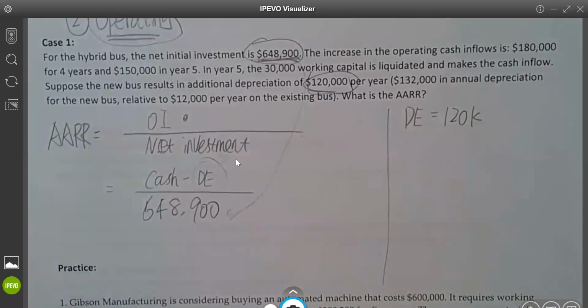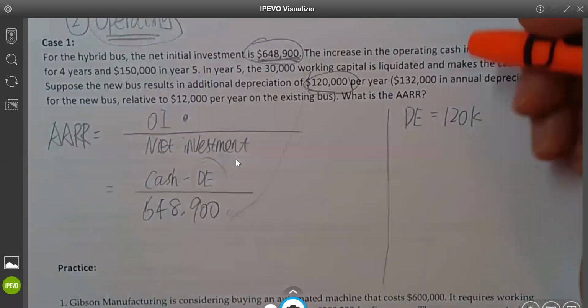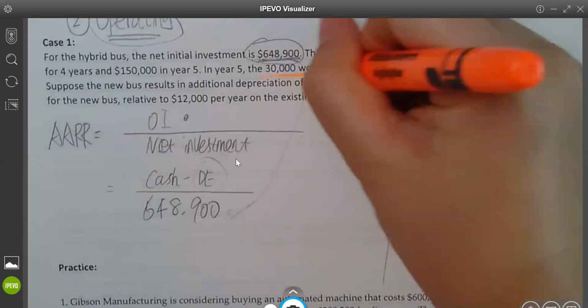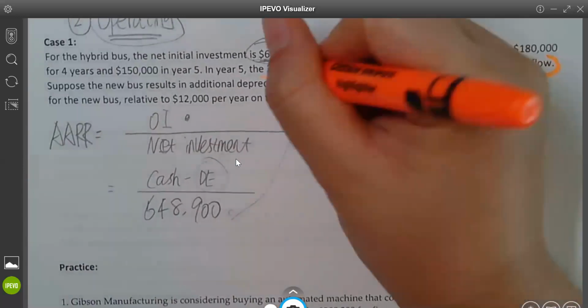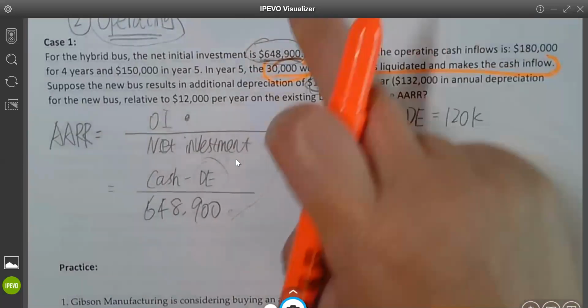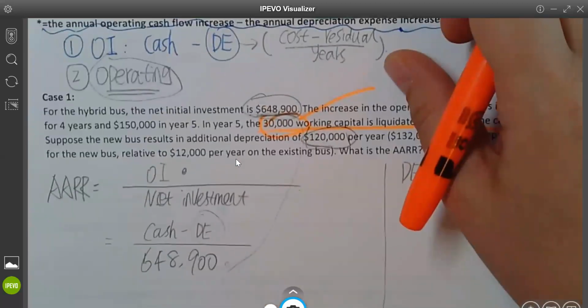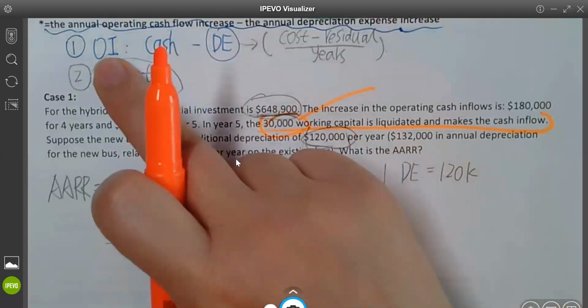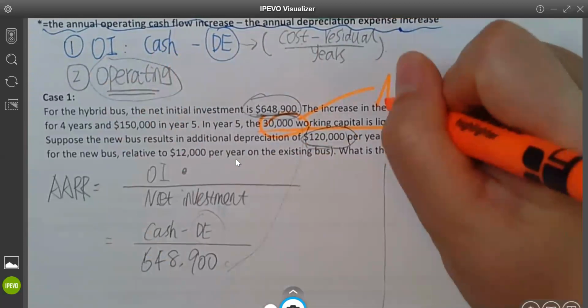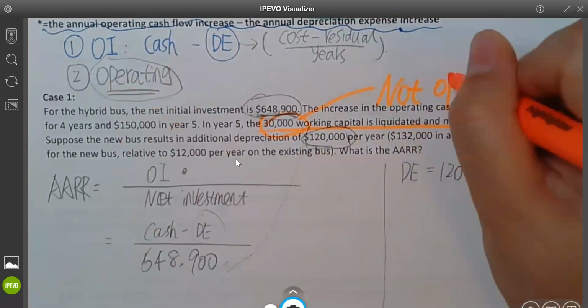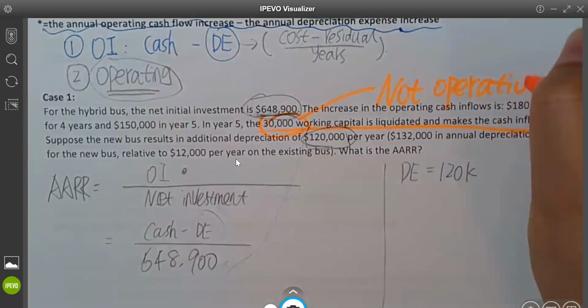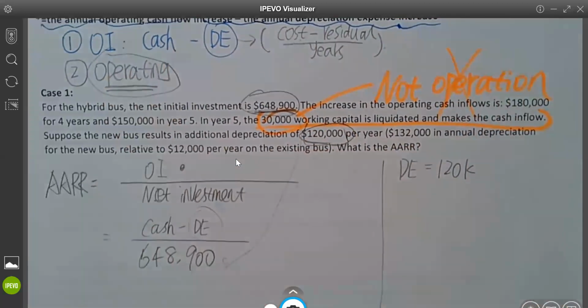And then in the 5th year, your 30,000 will be liquidated and become your cash inflow. Do we take this in our numerator as operating income from operation? We said this is not from your operation. So we don't take this in our numerator.